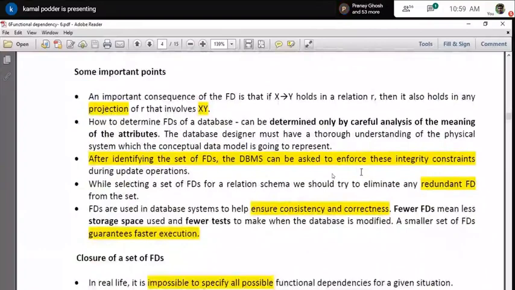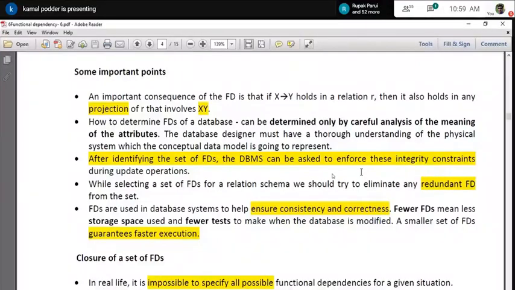We have already known what is functional dependency. Okay, an important consequence of FD is that if y depends on x, or x arrow y, holds in a relation, then it also holds in any projection of R that involves x and y. You understand what is projection?